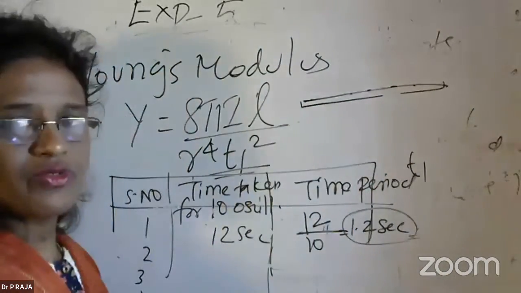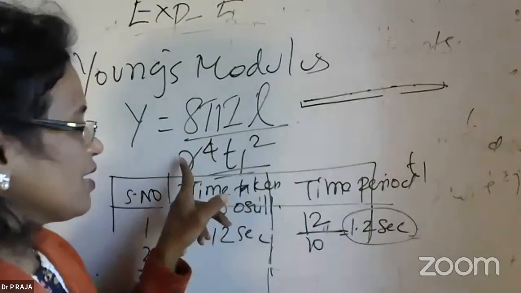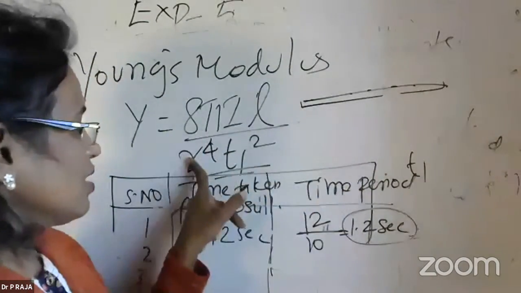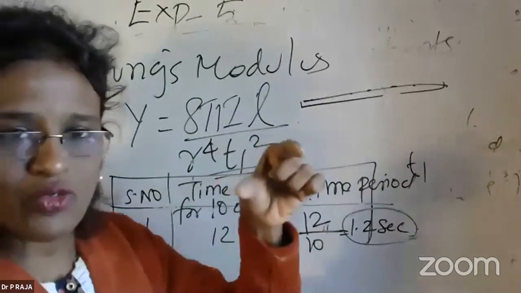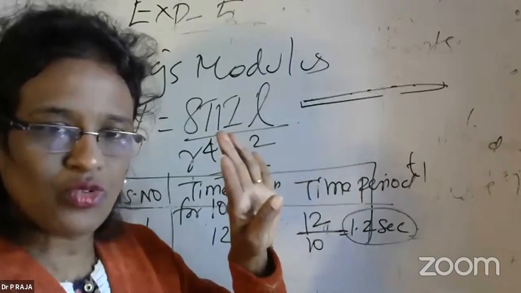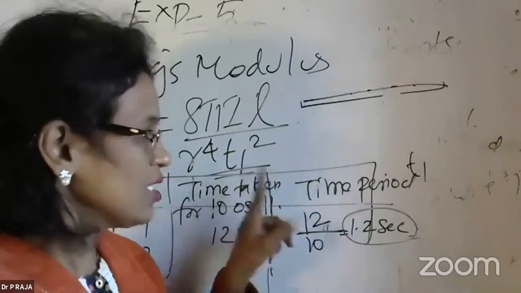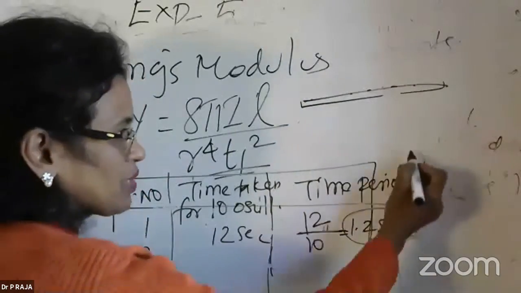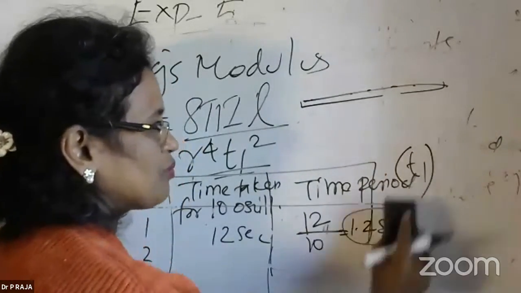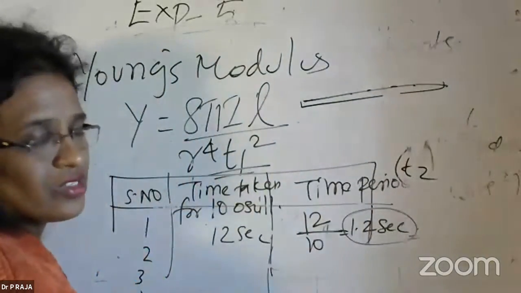So you will have 4 tabular columns: one like this, another for T2, then the radius of the wire with screw gauge, and the breadth of the bar using vernier caliper. Two are for the time periods T1 and T2, for the modulus of rigidity.